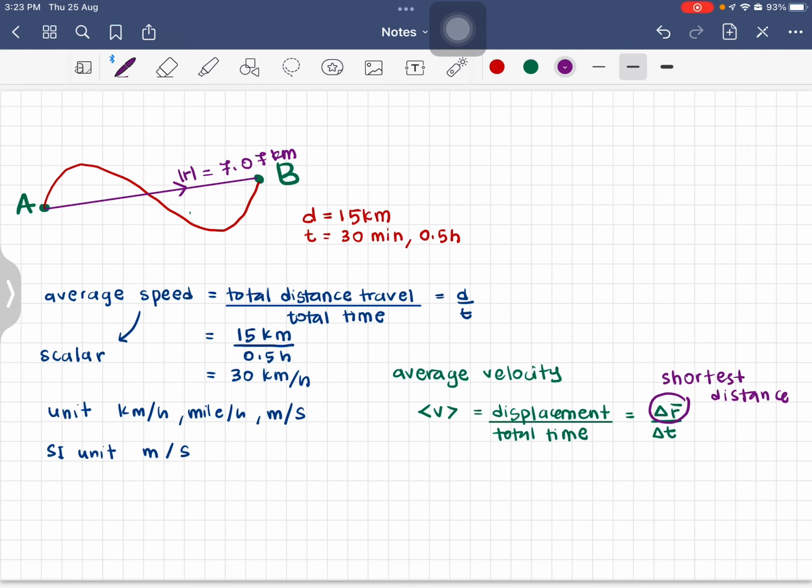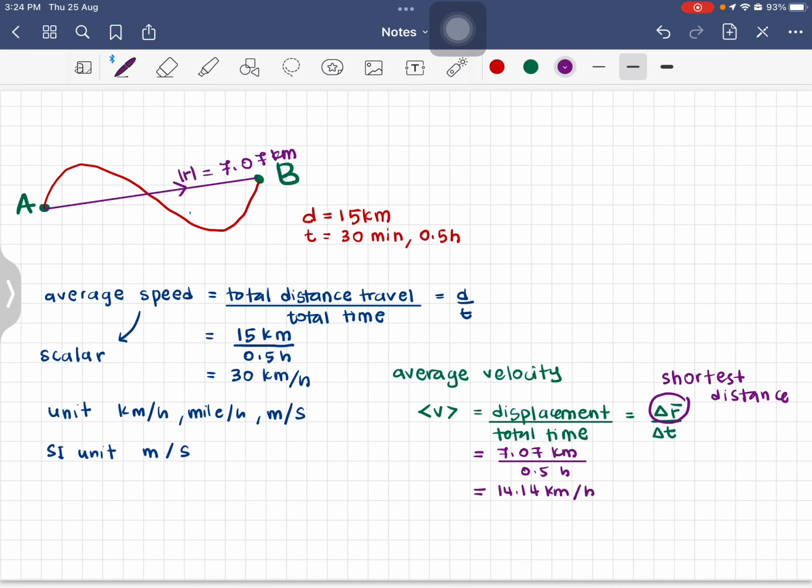Okay, that means your average velocity is equal to 7.07 kilometer. We will be using the same time, which is 0.5 hour. We said that your average velocity is equal to 14.14 kilometer per hour.